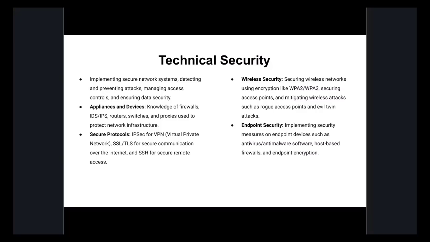These would be things like firewalls, which is a hardware device that allows us to filter network traffic, intrusion detection and intrusion prevention systems, routers, switches, and proxies. All of these different hardware devices allow us to provide some type of security capability on our network. But here you just want to understand that technical security would involve any use of a hardware device to provide some type of security control.